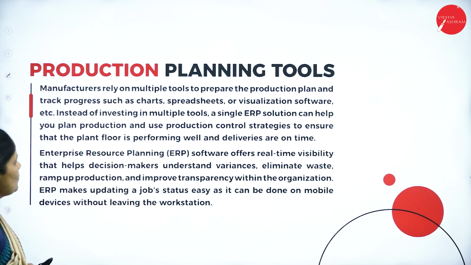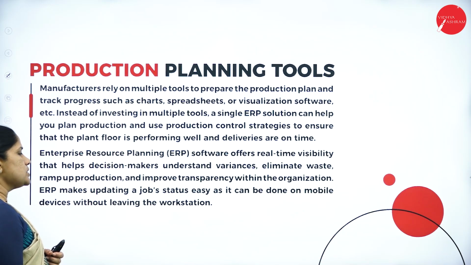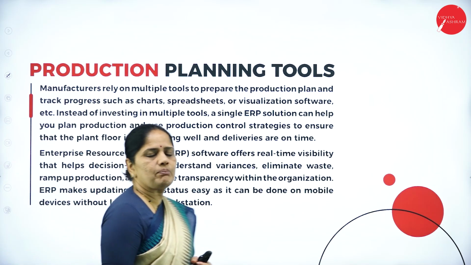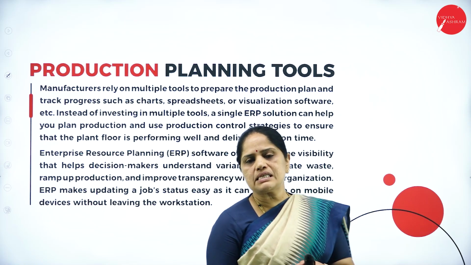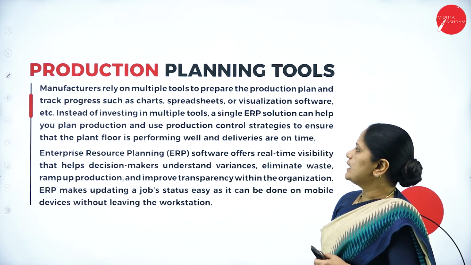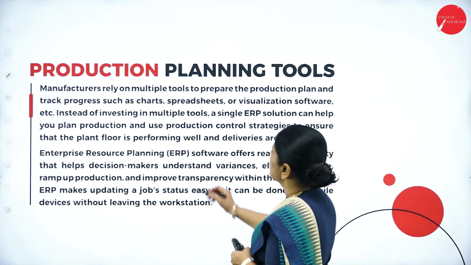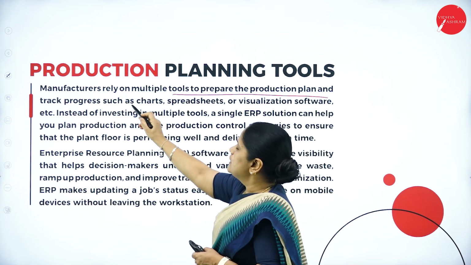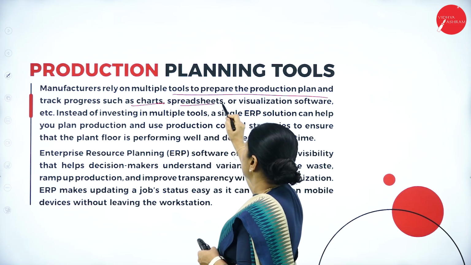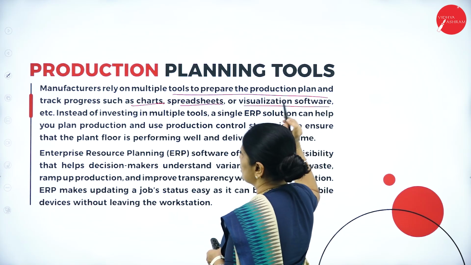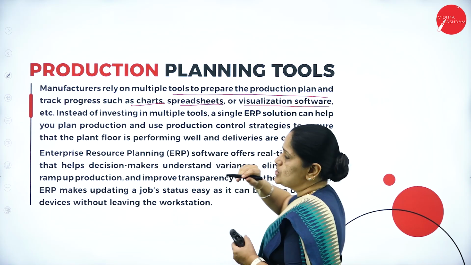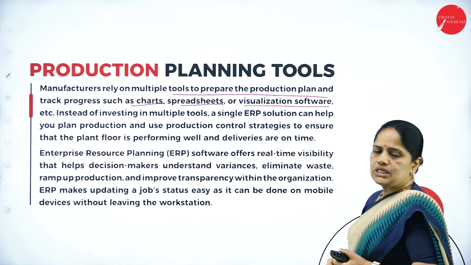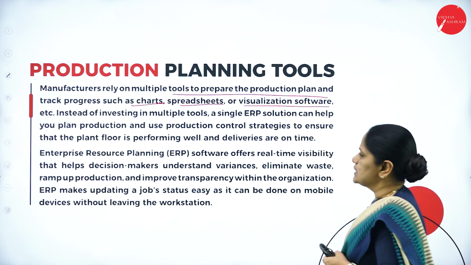Then the next one, production planning tools. So what are the various production planning tools which are necessary for production planning? The manufacturers rely on multiple tools to prepare the production plan and track the process, such as charts, spreadsheets, or visualization software, etc. So they need the chart, spreadsheet and the visualization chart.